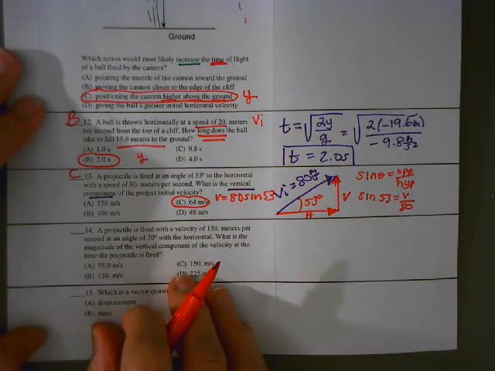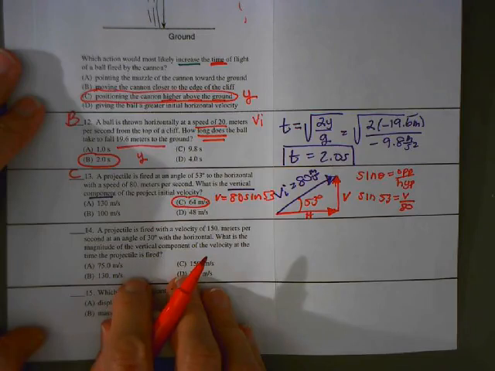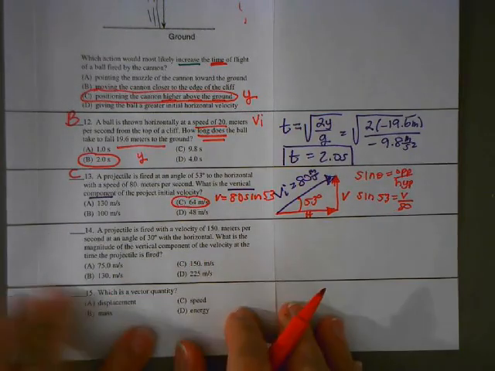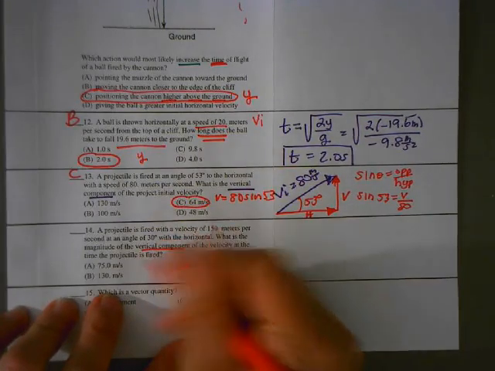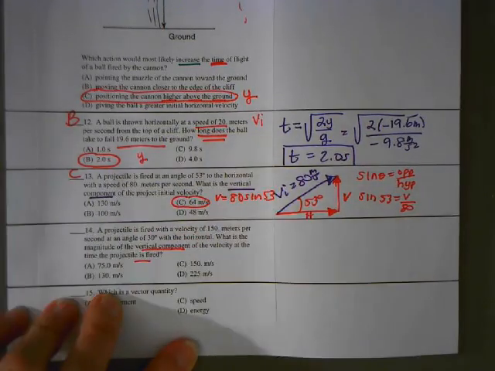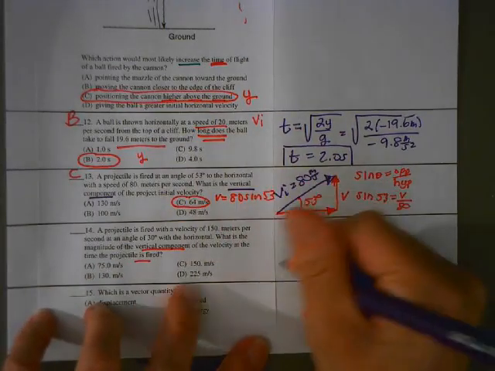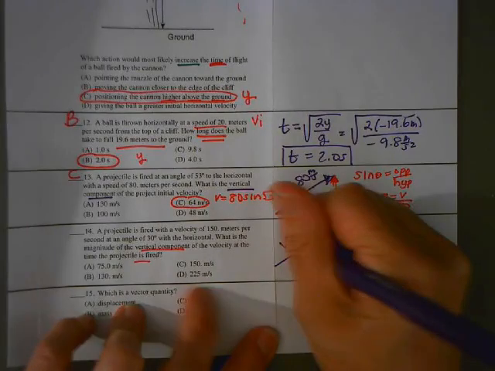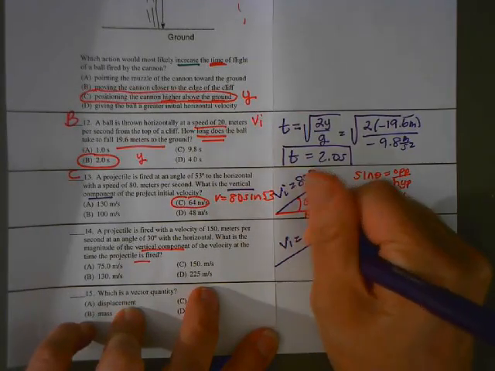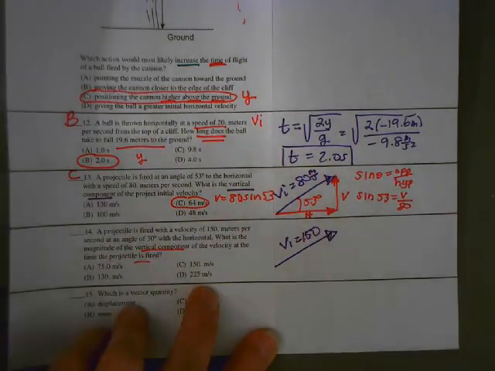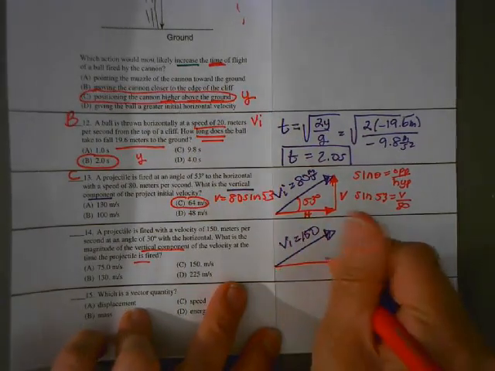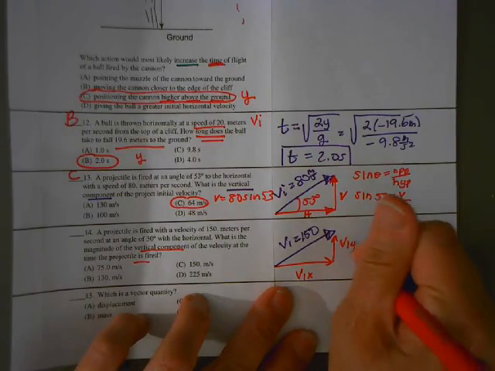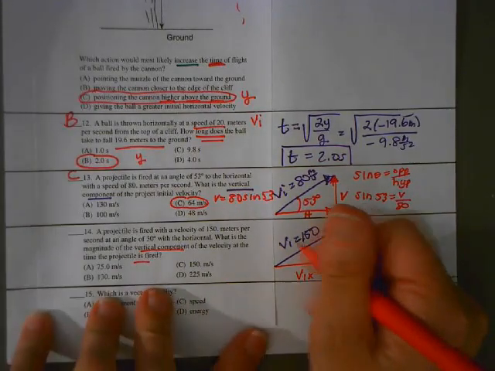Number 14, a projectile is fired with a velocity of 150 meters per second. What is the magnitude of the vertical component? So it's the same problem with different numbers. Here is my projectile. VI is equal to 150. My components, this is VIX, this is VIY, and this is 30 degrees.